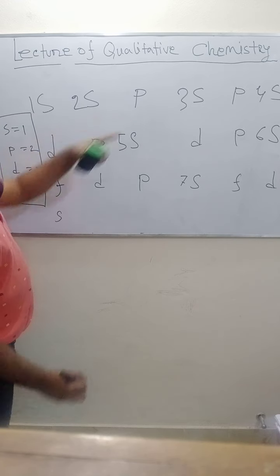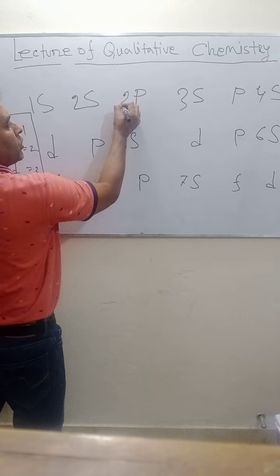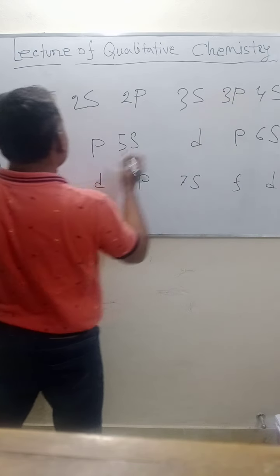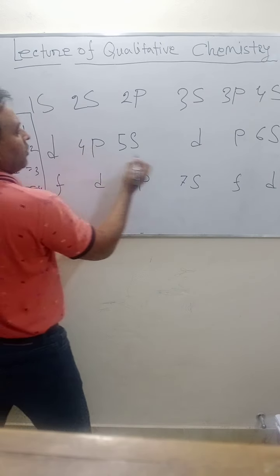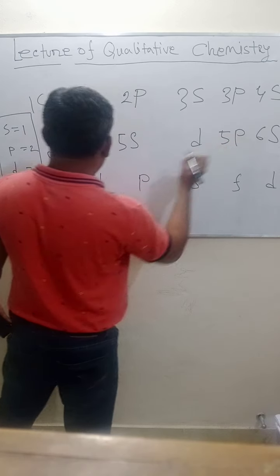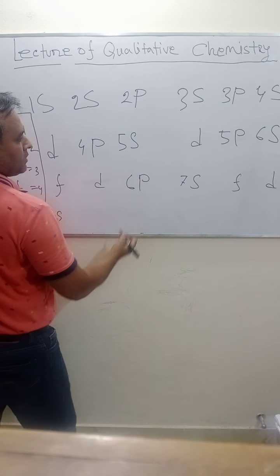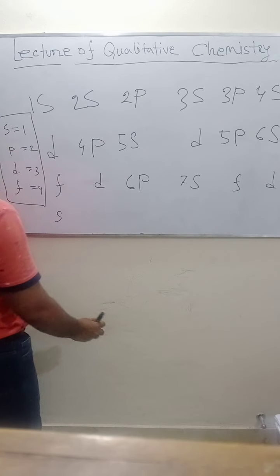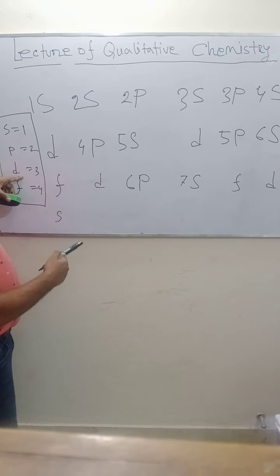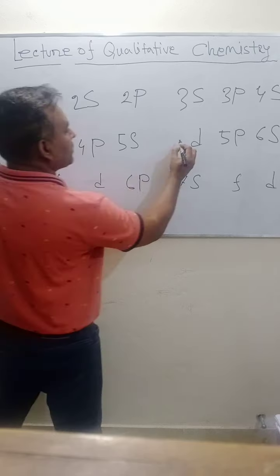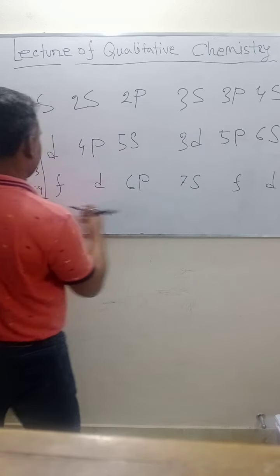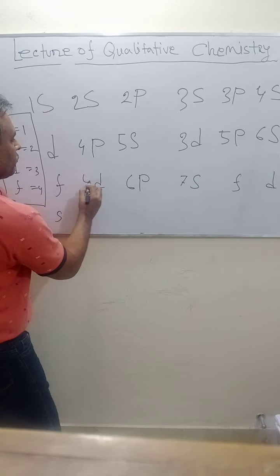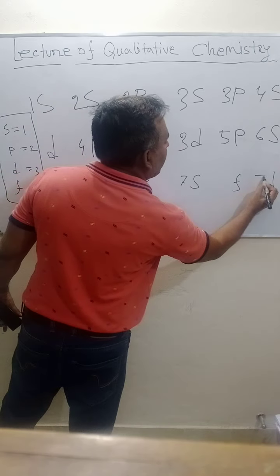So you have the P next. P starts from 2: 2, 3, 4, 5, 6. There is no other P. Then you have the D. D starts from 3: 3, 4, 5.